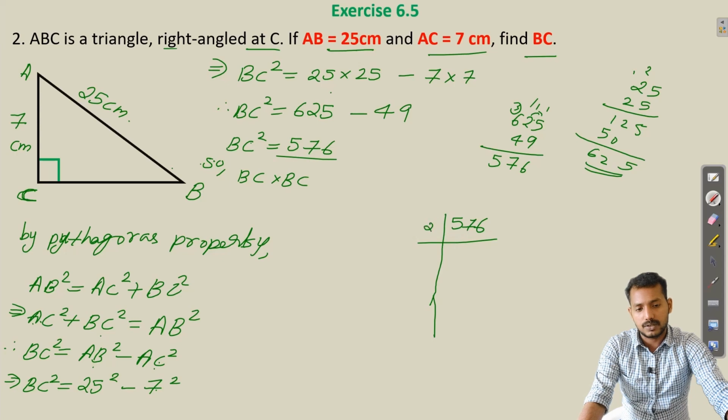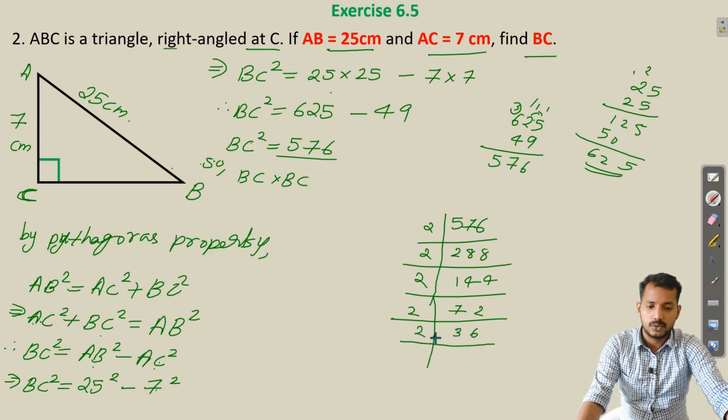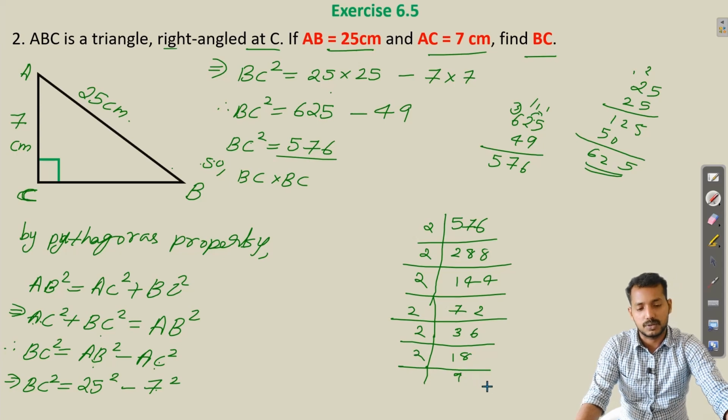The last digit is even, so it is divisible by 2. 2 into 288, again 2 into 144, again divided by 2, we get 72, again 2, 36, 18, then 2, 9. Now it is not possible to divide by 2 because 9 is an odd number.